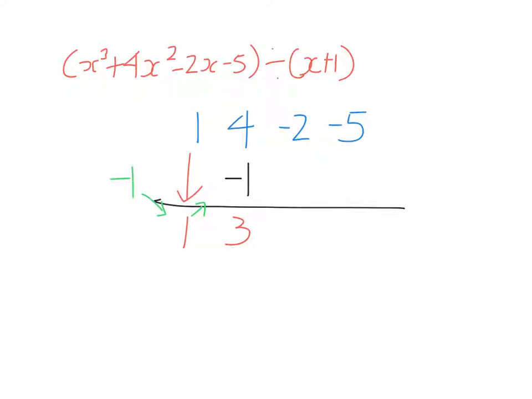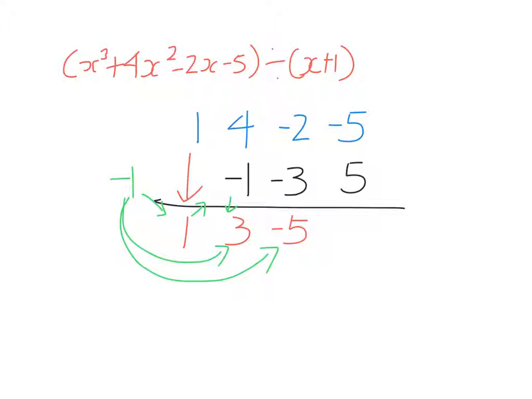So now I'm going to multiply negative 1 by 3. Of course, that gives me negative 3. Now again, I calculate the remainder. Minus 2 plus minus 3 gives me minus 5. Start the process again. Minus 1 times minus 5 gives me positive 5. Now minus 5 plus 5 this time is equal to 0.